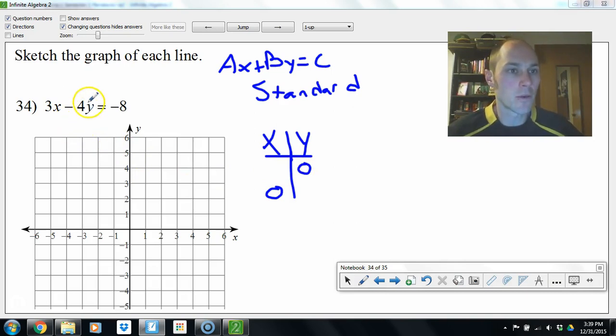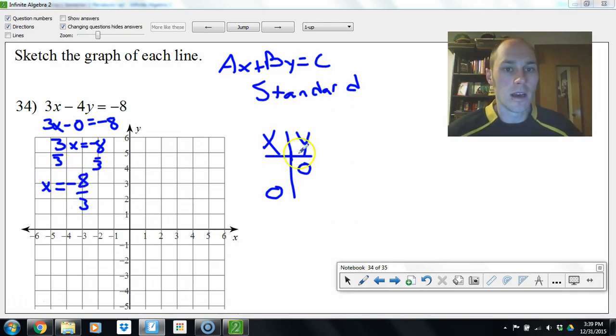If I put 0 in for y, I have 3x minus nothing equals negative 8. So it's really 3x equals negative 8. Divide by 3, x equals negative 8/3, which is negative 2 2/3 when I simplify it into a mixed number.